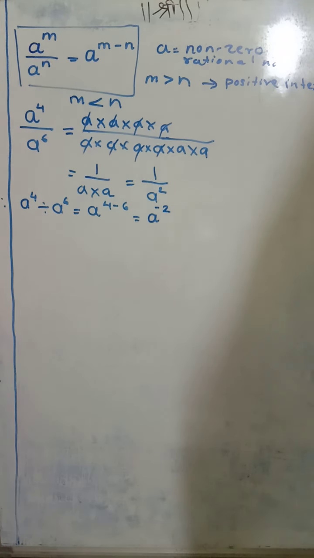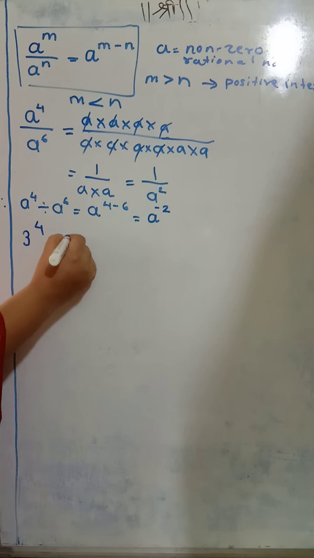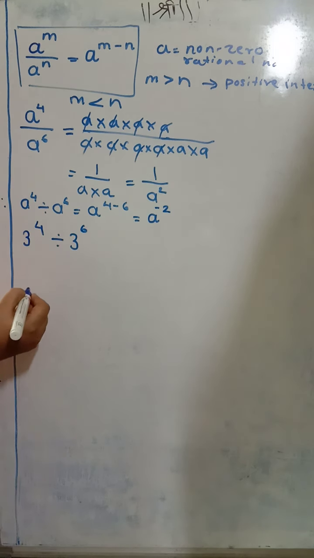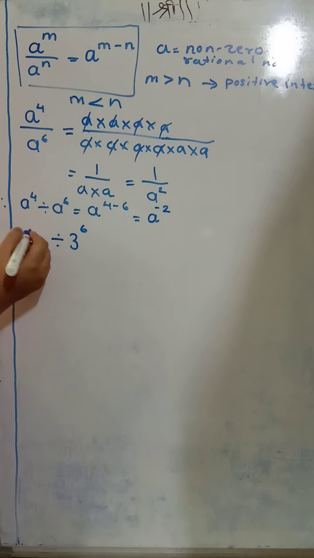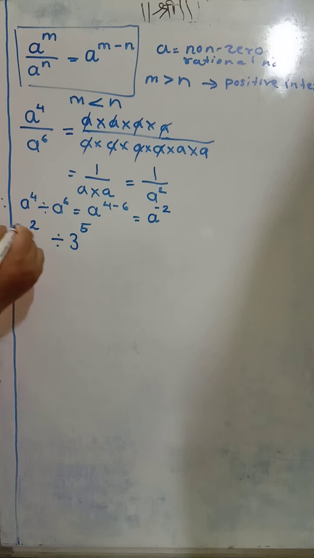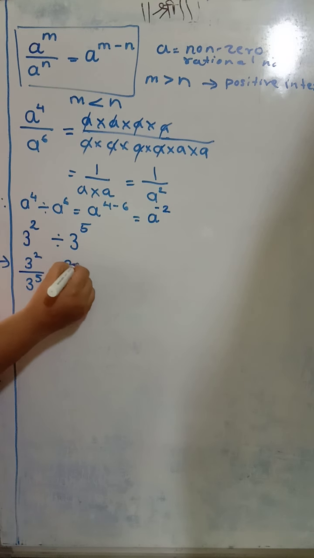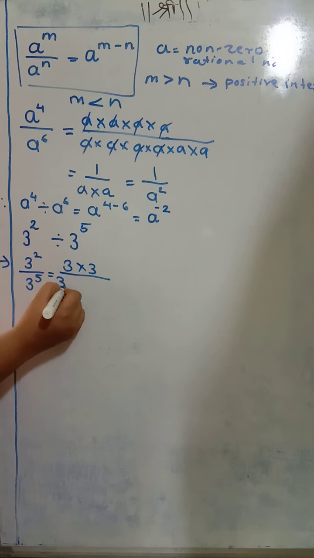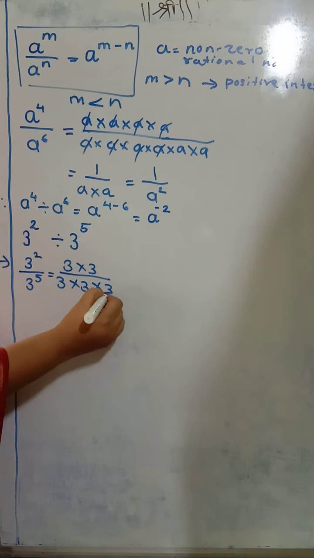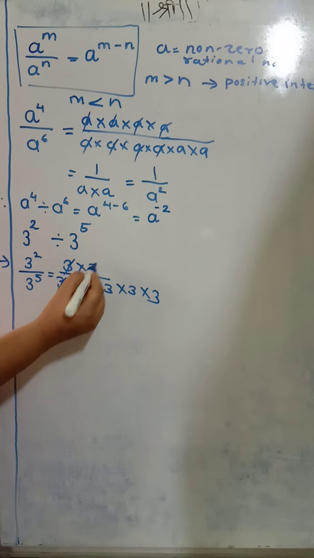See here, once again I will take one example. We will take index 2, and here I will take index 5. For example, 3 raised to 2 divided by 3 raised to 5. How will we write? 3 into 3, and here we will write 3 into 3 into 3 into 3 into 3. These cancel here and here.